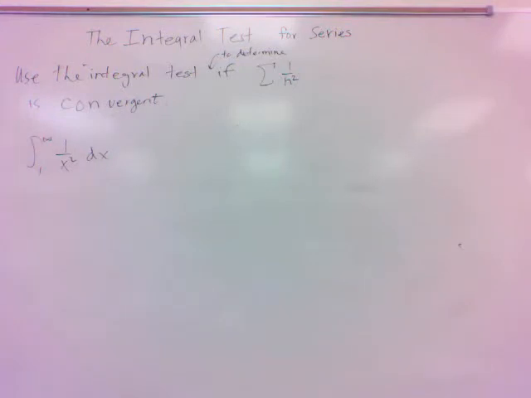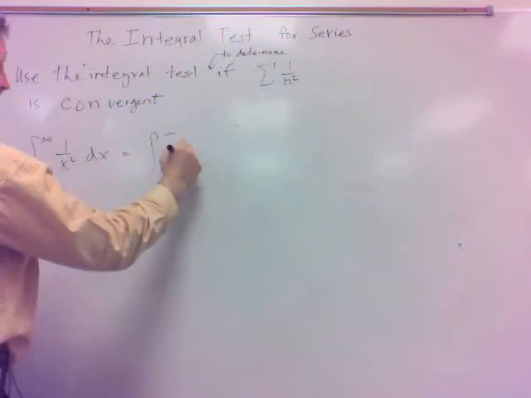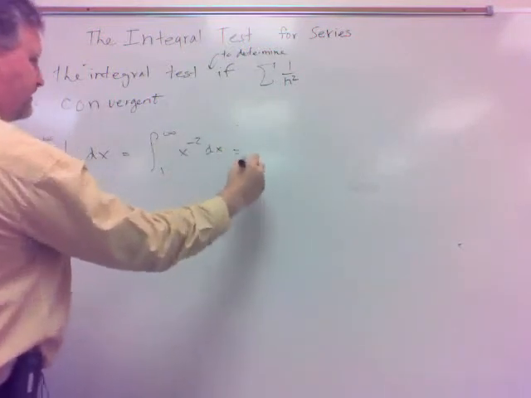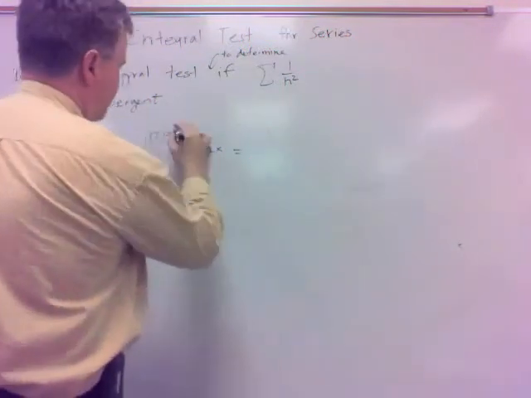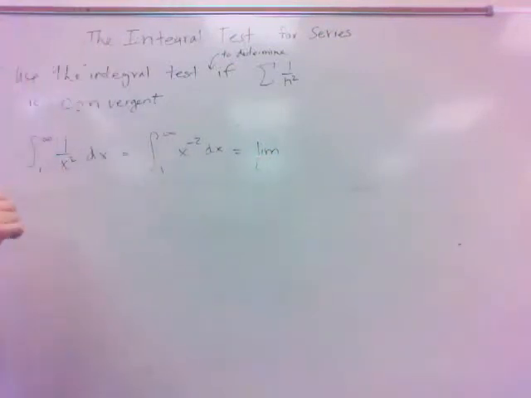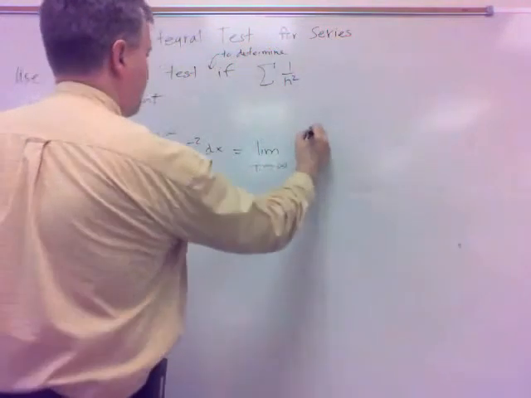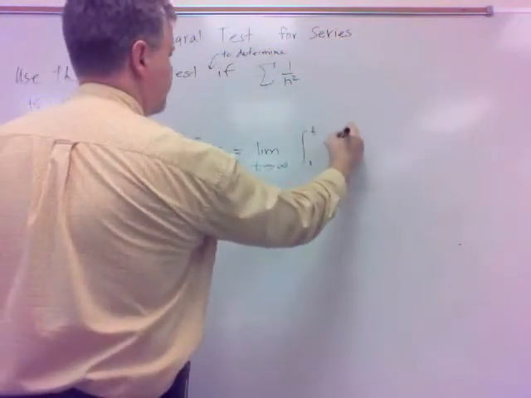And that's not too terribly difficult of one, is it? That is just the integral from 1 to infinity of x to the negative 2 dx, and that's just power rule, isn't it? Well, it is an improper integral, so remember what we do there? Limit, do the t limit thing. T goes to infinity, integral from 1 to t of x to the minus 2.